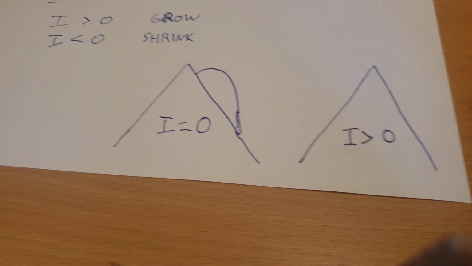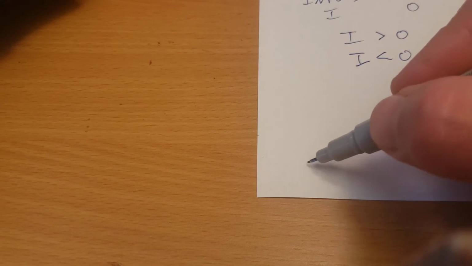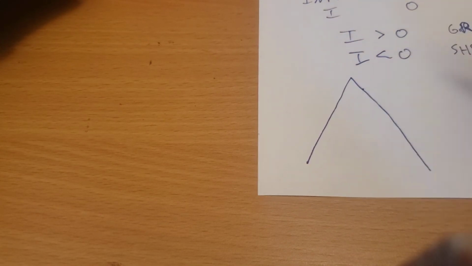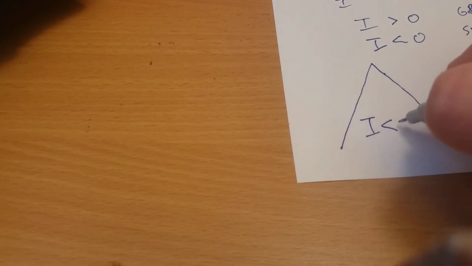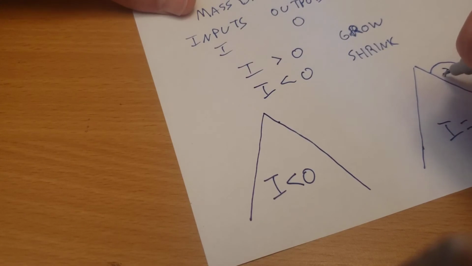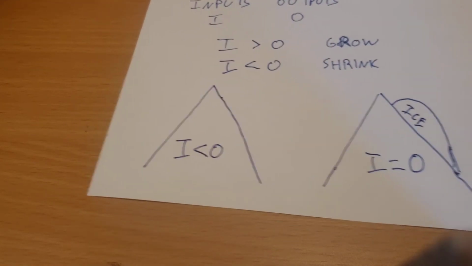And if I move it over here, I draw another mountain range where my inputs are less than outputs. So I have these three different scenarios, and just to be clear, that's my glacier sitting up there.